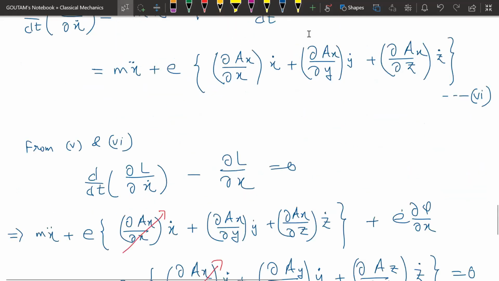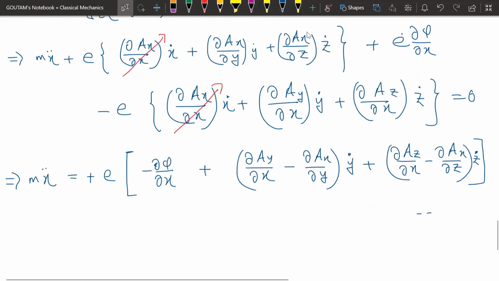So this is what we are getting. Let's call it equation 7.